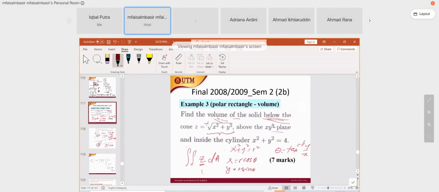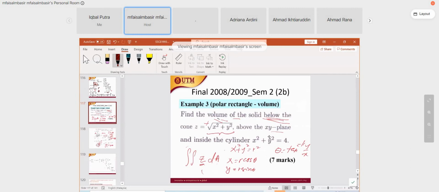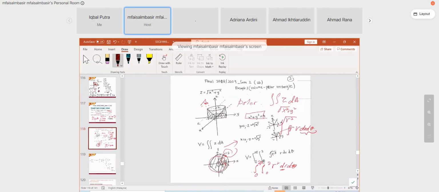So below the cone and above the xy plane, which means it is this part. Okay, so if you put your eyes here, you will get a circle. So again, r is from 0 to 2 because of this, and then the angle will be 0 to 2 pi, easy.